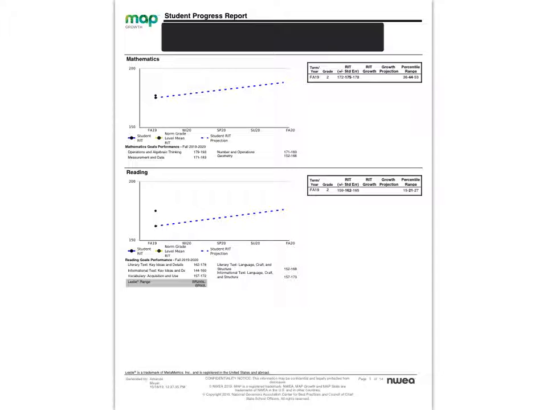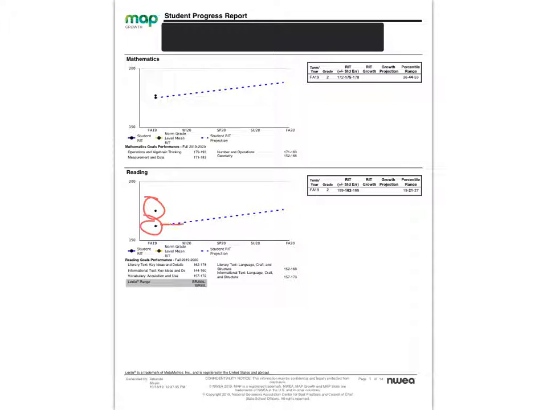Here's another kind of strange looking trend you might see. This will appear in a student who is either a second grade student, so they haven't taken the MAP test before, or a new student because they haven't had the MAP test at APIS before. So as you can see, they only have one data point to compare and one data point that represents what their score was.